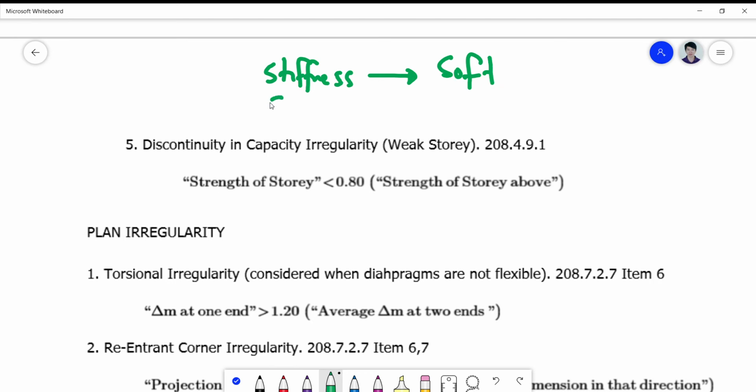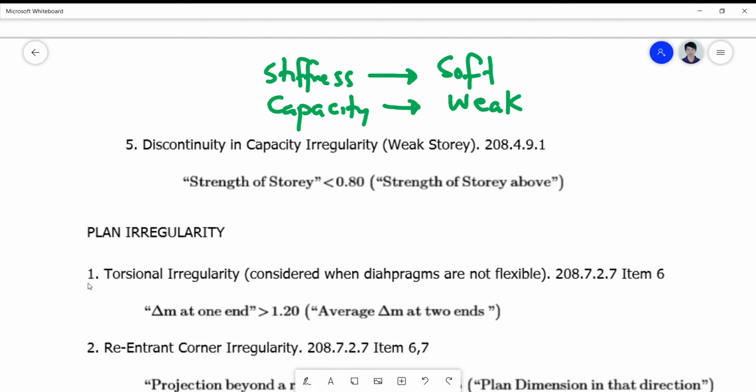When you're talking of capacity, you are talking about the strength of your setup or your building configuration. It can be strong or weak. So if the story is soft and the story is weak, then you have an irregularity in stiffness and in capacity. So they are different. So this is category number 1 in our vertical irregularity, and this is number 5.